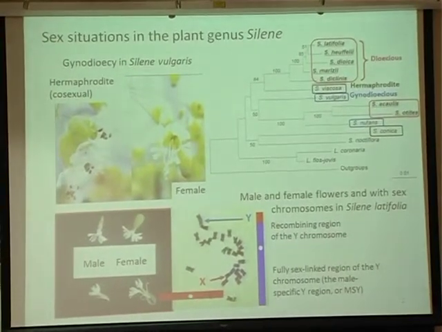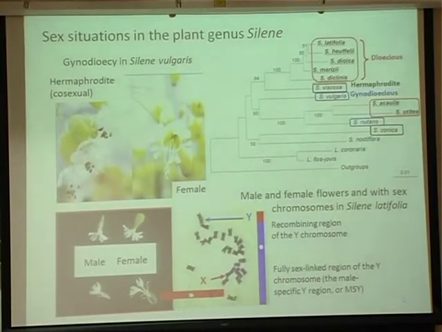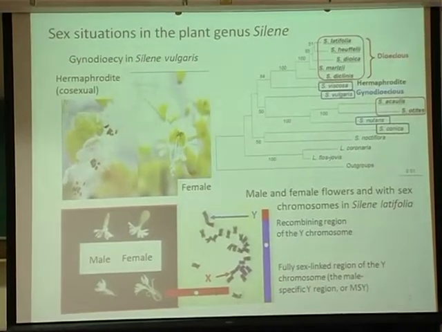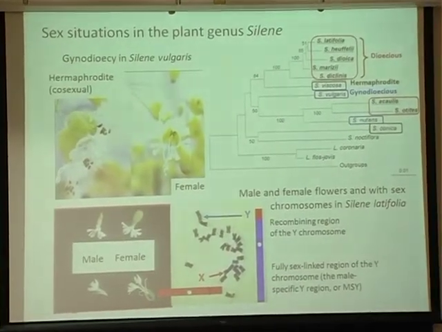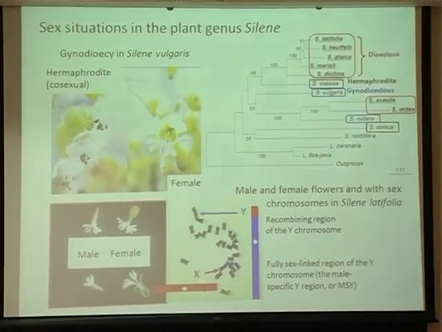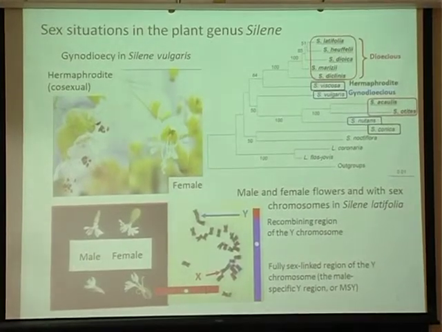We're talking about an organism which is a hermaphrodite, sexually reproducing, evolving into a species with individuals that are male and female with separate sexes. And this is just to give you a concrete example.